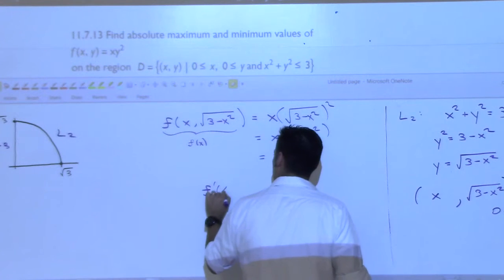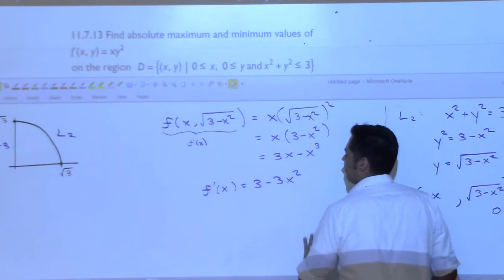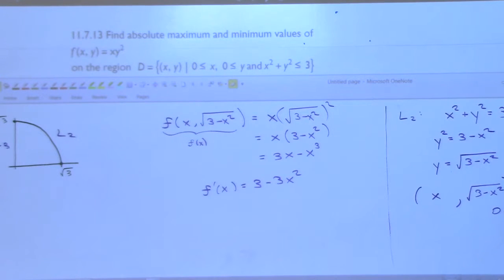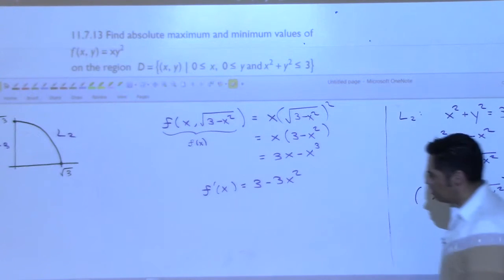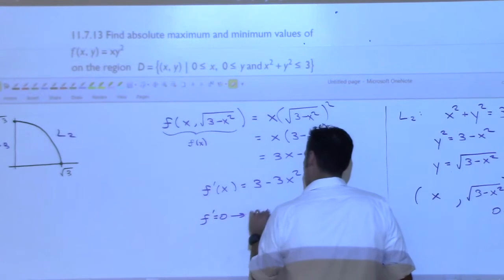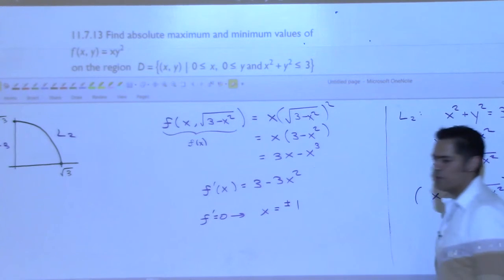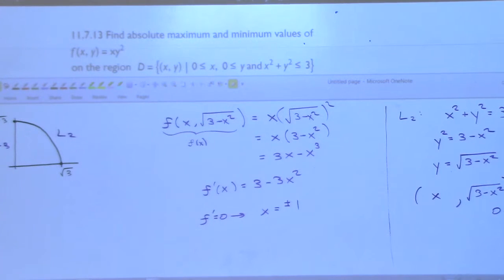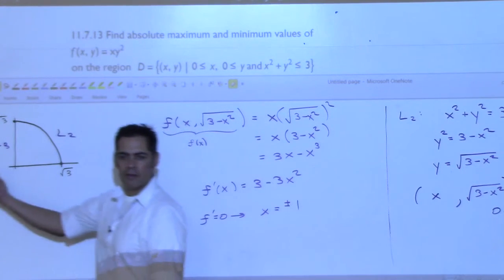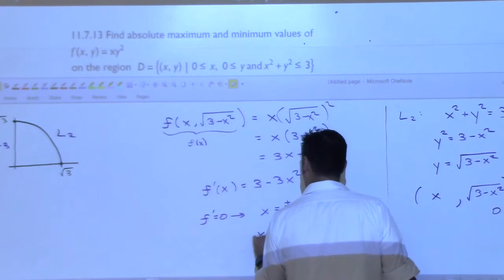My derivative of this is 3 minus 3x squared. I set that equal to 0, and I think I'm going to get two solutions, plus or minus 1. But I only keep the positive answer because I'm over here in the first quadrant, right? So only x is 1.